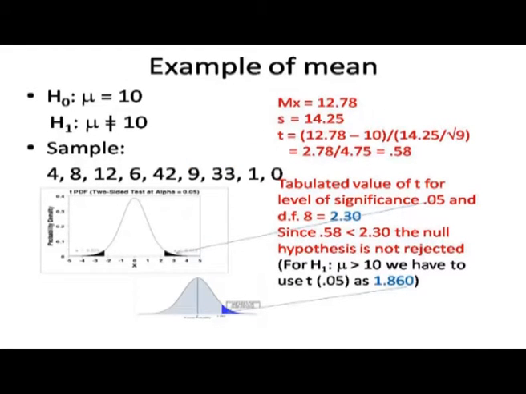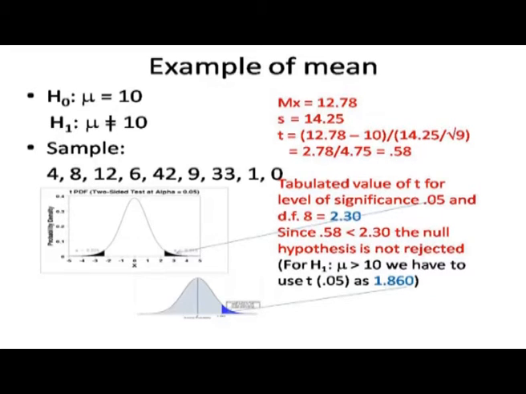Example of mean. I thought that let me give some examples also. This is the example of mean. This is the sample: 4, 8, 12, 6, 42, 9. Mean is 12.78, standard deviation is 14.25, and the value of t is 12.78 mean minus 10 hypothesized mean, whole thing divided by 14.25, this s, and divided by square root of 9. 9 is how many values are there? 1, 2, 3, 4, 5, 6, 7, 8, 9.